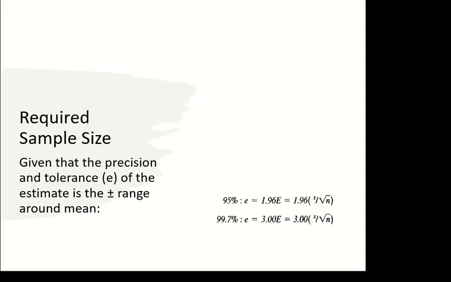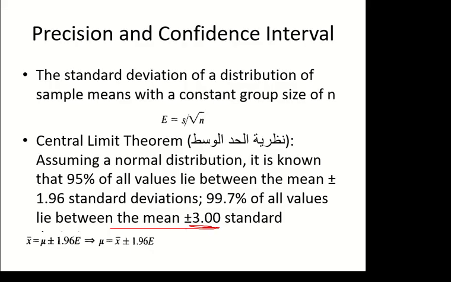So first of all you have to select one of them. Let's say I select 95%. What is my equation here? From the mean I am willing to go 1.96 E plus and minus. I'm looking for the mean. What is the most likely value, the most expected value?